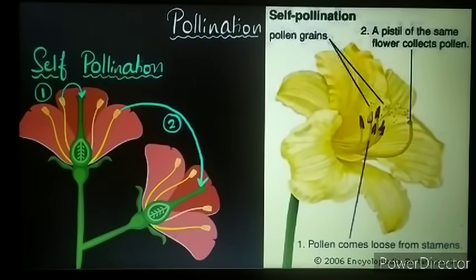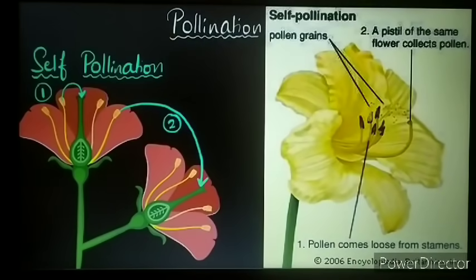Then self-pollination will take place. But the male flower and the female flower should belong to the same plant. So I suppose it's clear to everyone what is self-pollination.